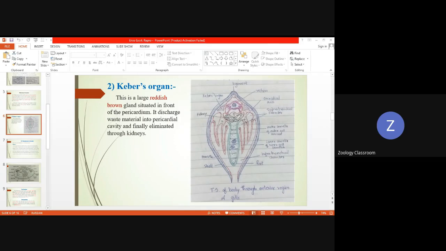Renal aperture opens into the suprabranchial chamber. Where is the suprabranchial chamber located? Nikita, where were you? Okay, we'll stop here. Nikita?